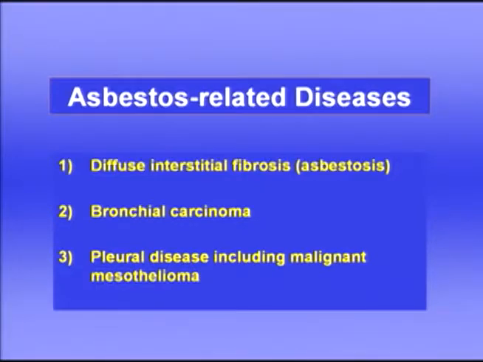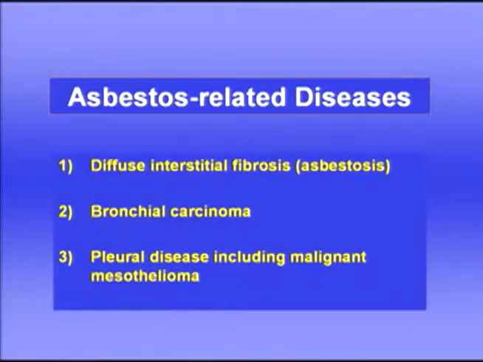The first one is diffuse interstitial fibrosis, again very like the diseases that we talked about in the session on restrictive disease. These patients are also more likely to develop bronchial carcinoma. I'm not going to say that much about that at the moment. We're going to talk a little bit about bronchial cancer a bit later on. And the third thing is a pleural disease, including malignant mesothelioma.